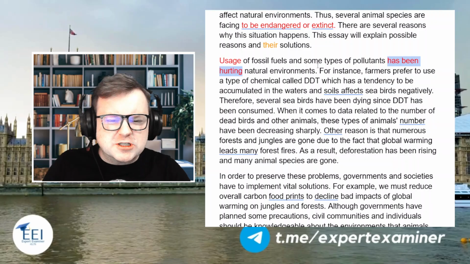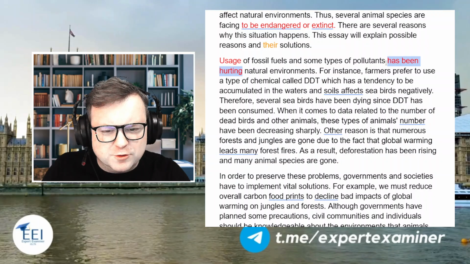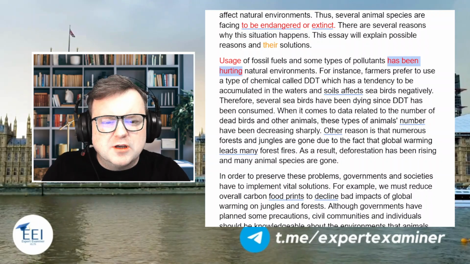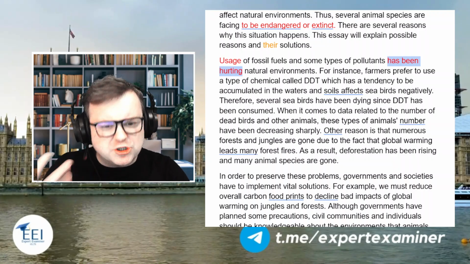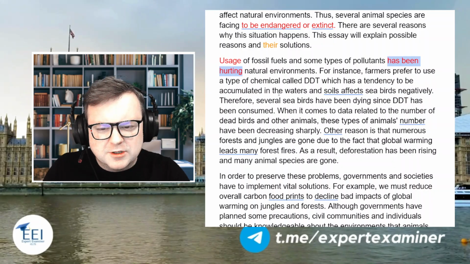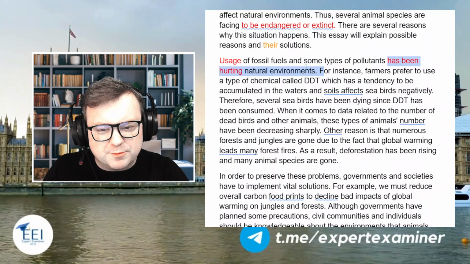It's strange to see present perfect continuous. Why not just the use of fossil fuels and pollutants hurt natural environments in general? I don't see the reason for has been hurting here. Good range, but just not appropriately used.